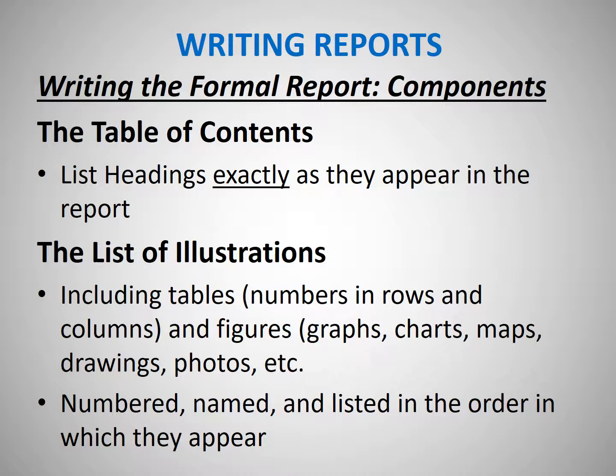Any illustration that comes from an outside source needs to be listed, and it needs to be numbered. So number 1, number 2, 3, named and listed in the order in which they appear. So it's sort of like another table of contents, but for illustrations. Each one numbered in the order in which they appear, each one named, each one with the page number. Okay?